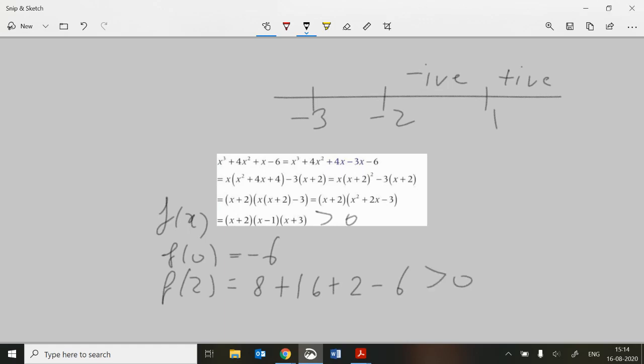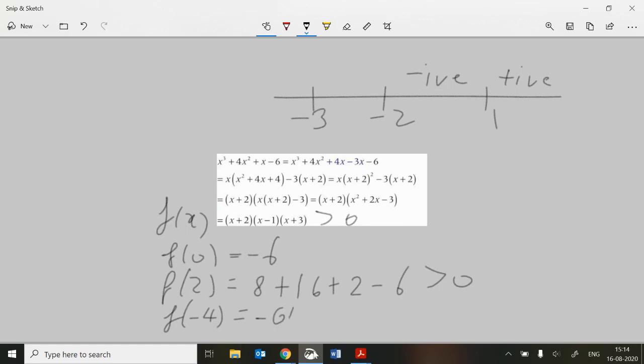And then likewise, you can do a number which is less than minus 3. So you could say minus 4. And again, minus 4 cubed is going to dominate this thing here. So minus 4 cubed is... 256, so that's minus 256 there. No, it's not. Sorry, that's to the power of 4.